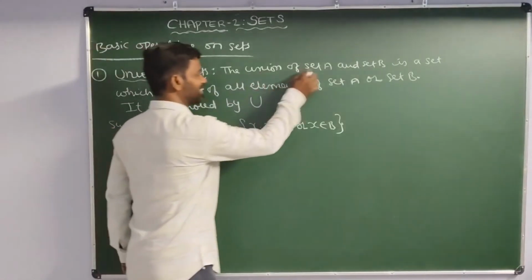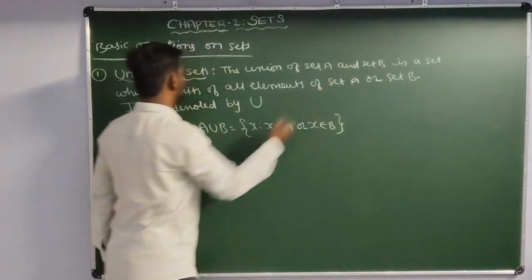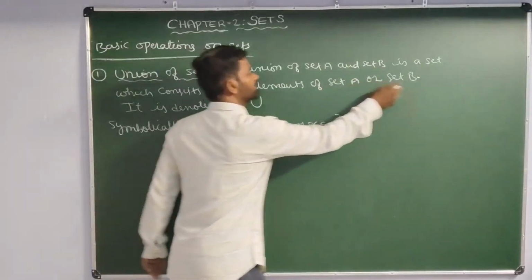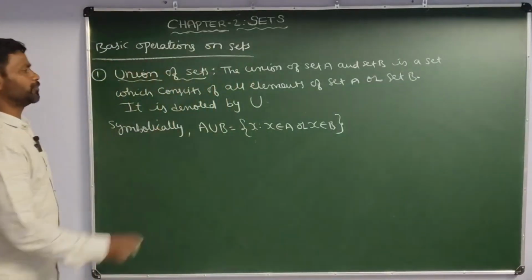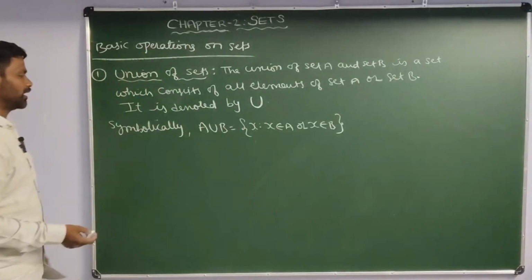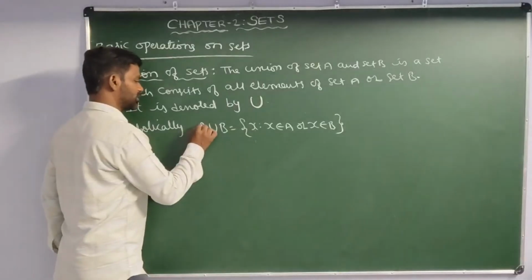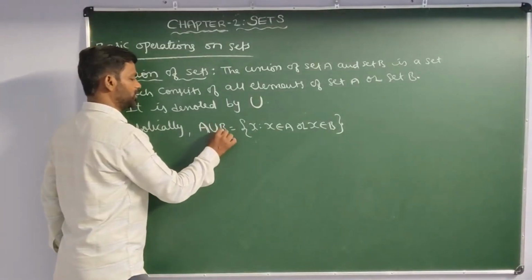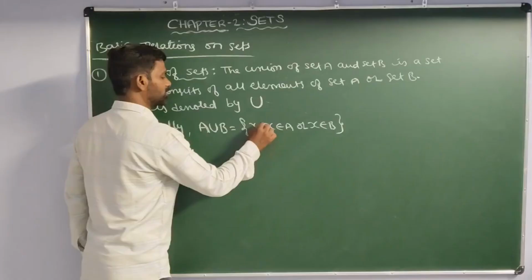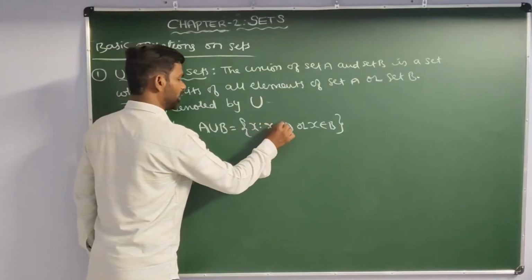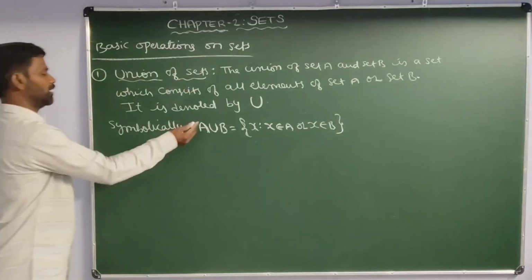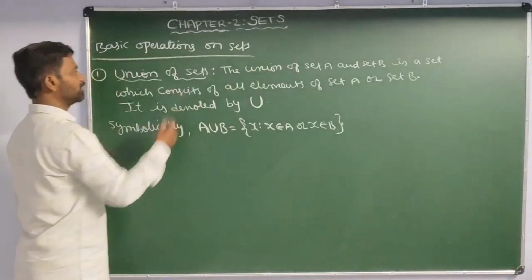The union of set A and set B is a set which consists of all elements of set A or set B, and it is denoted by the symbol U. Symbolically, we can write A union B is equal to {x such that x belongs to A or x belongs to B}. This is the symbolic representation of union of sets.